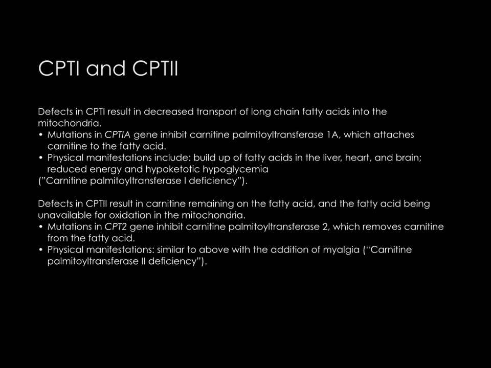But then in CPT2, in carnitine palmitoyltransferase 2, defects there are going to result in carnitine remaining on the fatty acid and the fatty acid being unavailable for oxidation in the mitochondria.